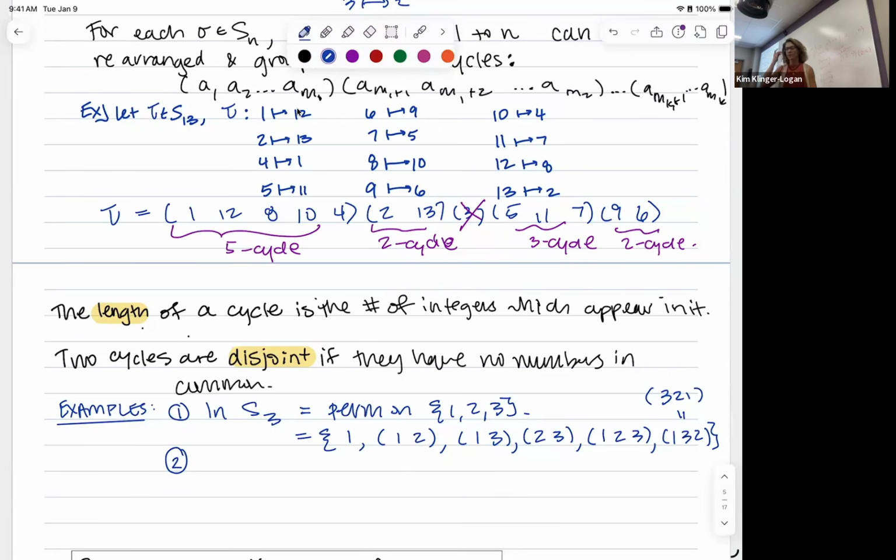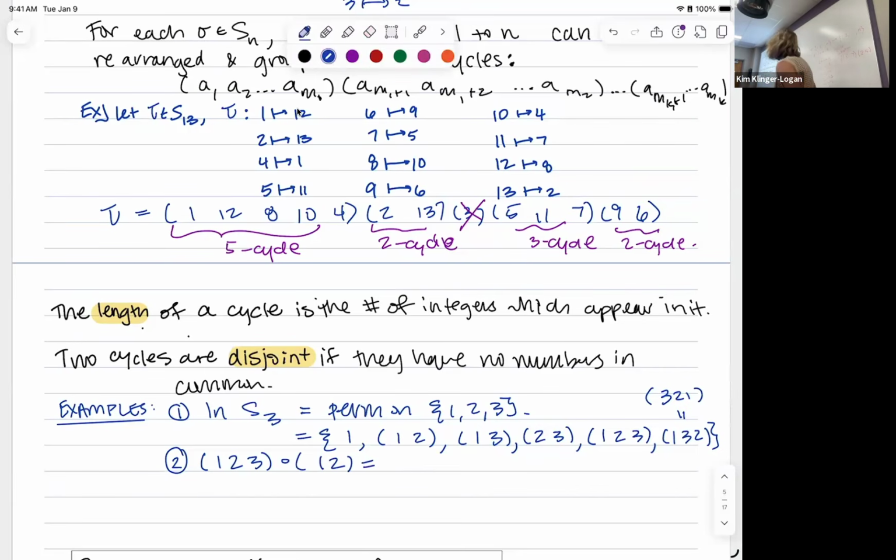So let's see what happens when I compose, let's say (1 2 3) and (1 2). Maybe even (3 4)? Oops, no, let's not do that because this is S3. I'll just do this one. So I should be able to compose two elements and get into S3, and I should be able to write this in this form.